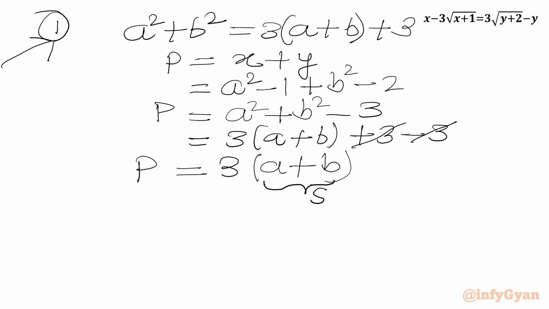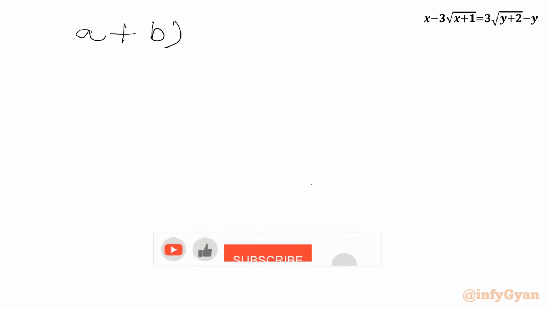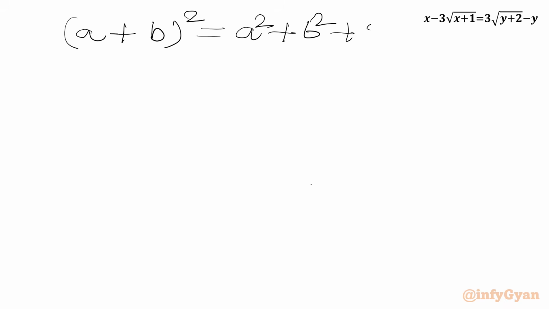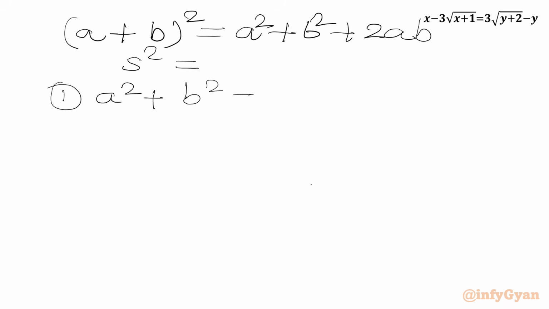I will use one algebraic identity. Let me write here a plus b whole square, which will be equal to a square plus b square plus 2 times ab. So a plus b is s. We will write s square. A square plus b square is, as per our equation, let me write equation number 1. A square plus b square equal to 3 times a plus b plus 3.